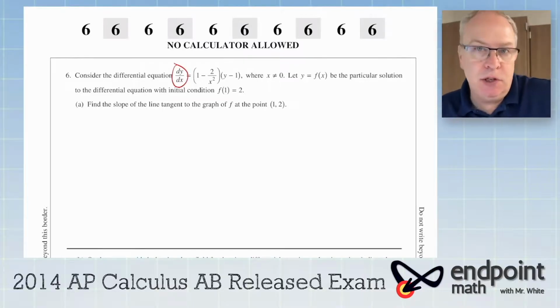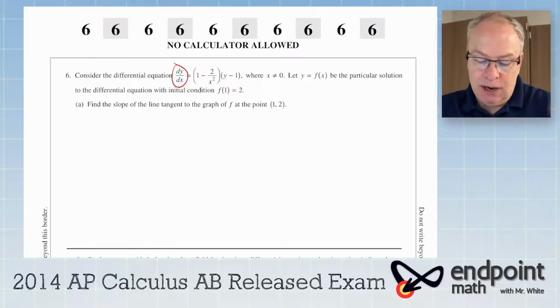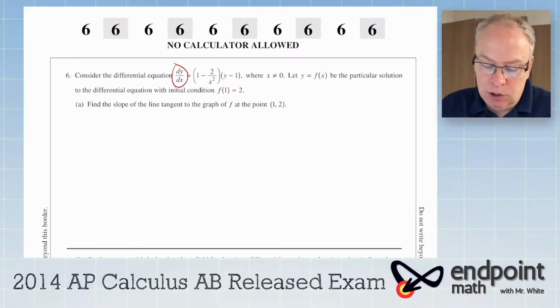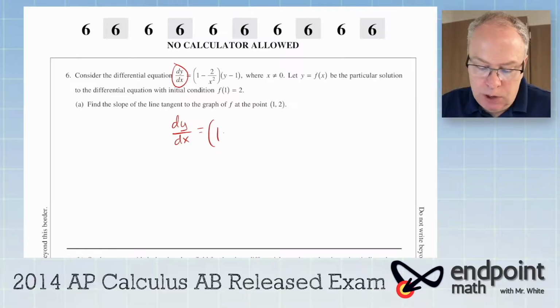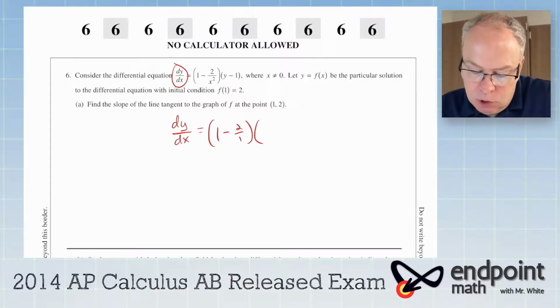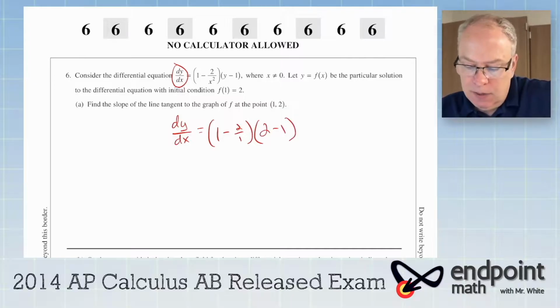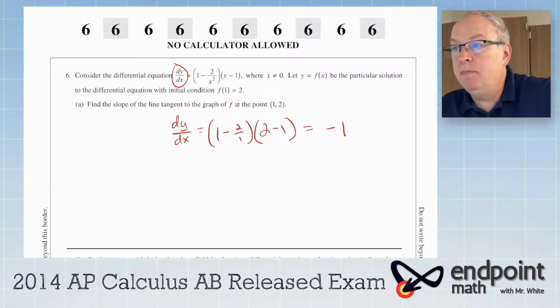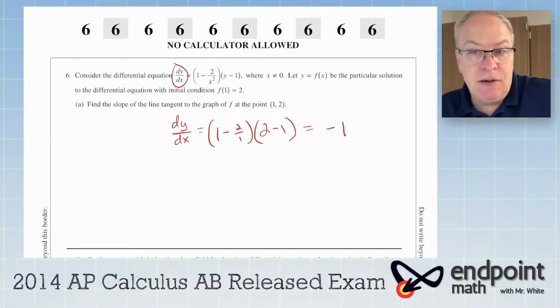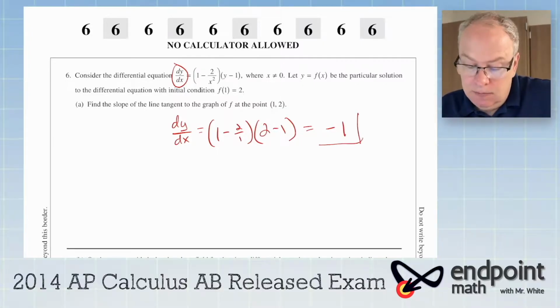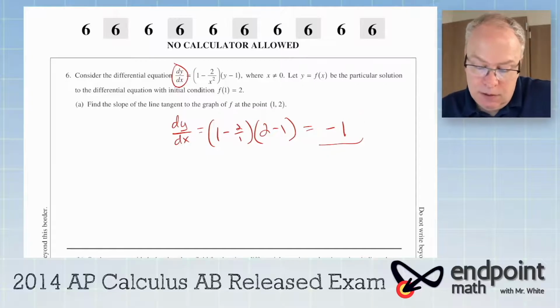So we have the slope expression. All we have to do is plug in 1 and 2. So this would be 1 minus 2 over 1 times 2 minus 1. That would all be negative 1. And that is the correct answer. See how easy that is? So the slope is right there.